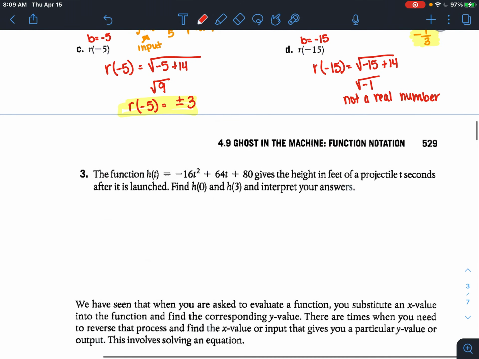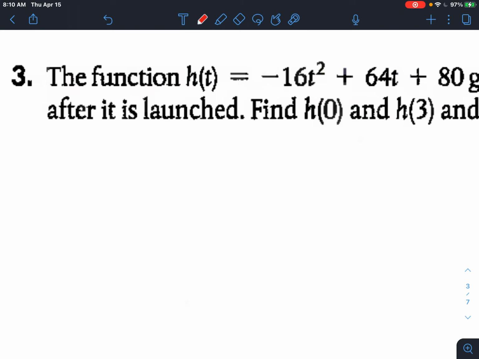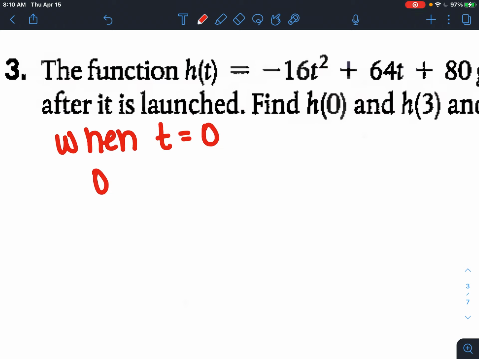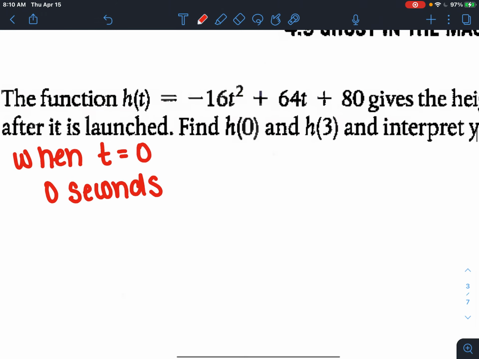All right, number 3. The function h of t equals negative 16 t squared plus 64t plus 80 gives the height in feet of a projectile t seconds after it's launched. Find both h of 0 and h of 3 and interpret your answers. So basically we're finding two different things. When t equals 0, that means 0 seconds, because t stood for time.